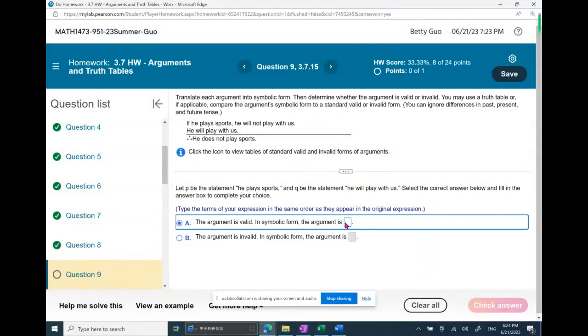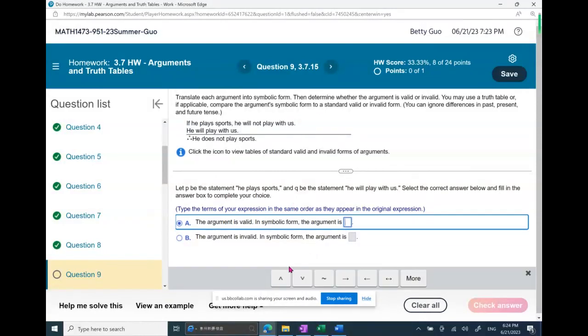The symbolic form of the argument: P is the statement he plays sports. Q is he will play with us.